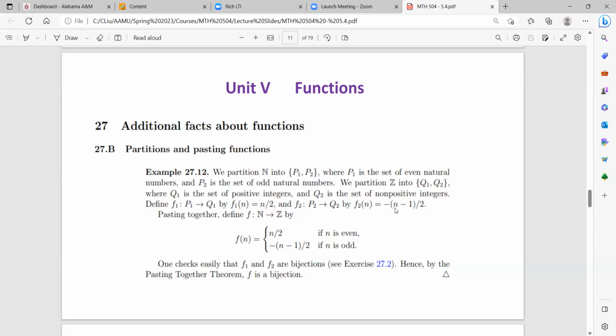And when n is greater than 1, then n minus 1 is a positive even integer, right? Because n is odd. So then you can divide by 2 to get the integer, but then there's a negative sign in front, so that makes a negative integer. So this f2 is indeed from P2 to Q2, from odd natural numbers to non-positive integers, right?